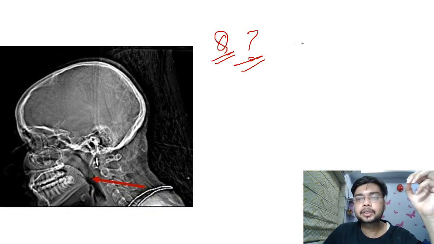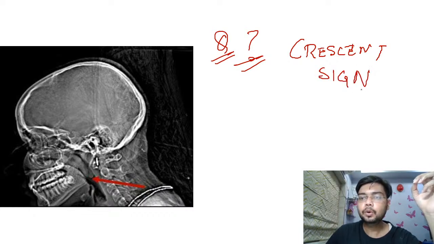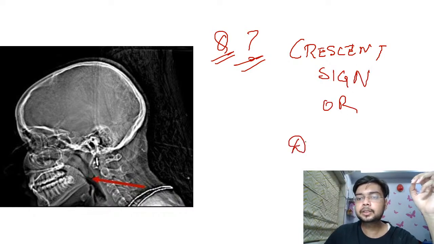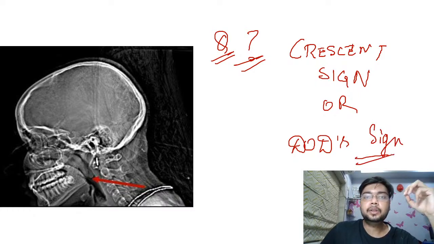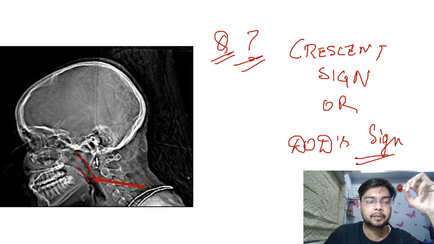What condition? So this is showing you something called the crescent sign or dot sign, right? If you observe here, in adenoids you will get some airway here because adenoids are bulging in this area, but here a crescent is found above this.